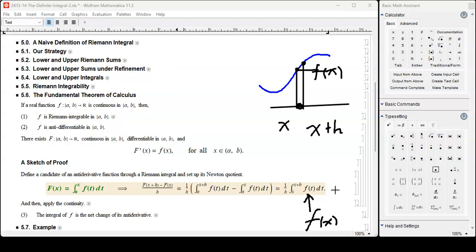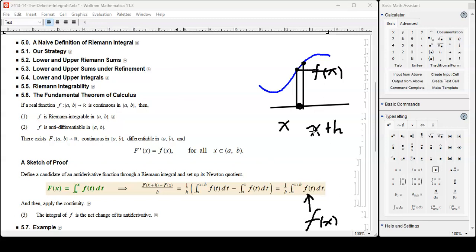If you do your computation, it'll become just 1. So you have just f of x times 1, and that's precisely what you want. The Newton quotient will go to small f of x. So the derivative of this capital F function will become small f of x. The detailed integral computation is a bit tedious, so I'll leave you there.